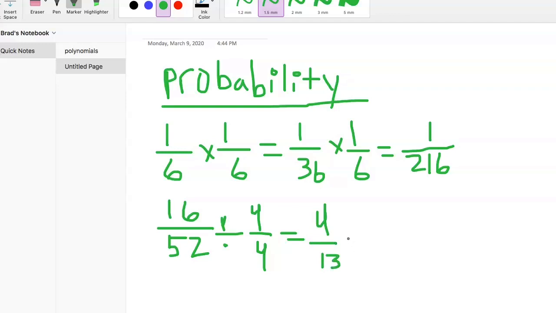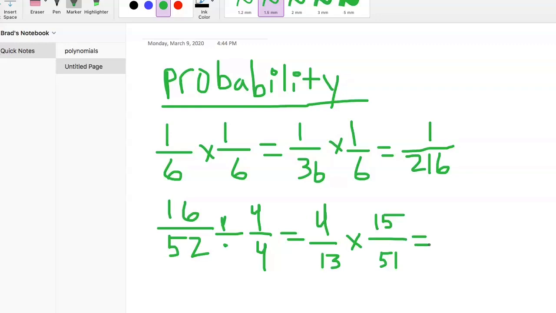Now on the second one, if I just drew the ace of hearts, then the ace of hearts gets discarded, so it's no longer in there. Now there are only 51 cards in the deck, and now there are only 15 face cards, because the ace of hearts has been discarded.